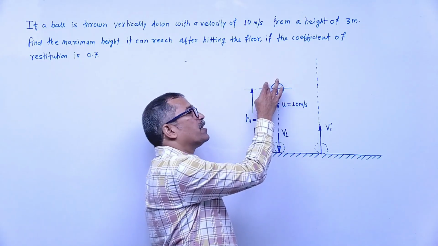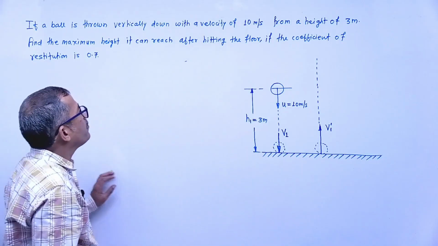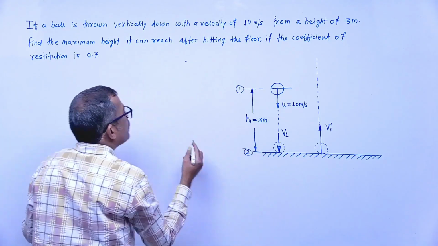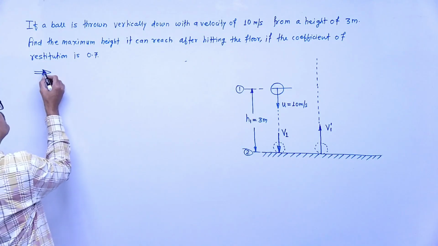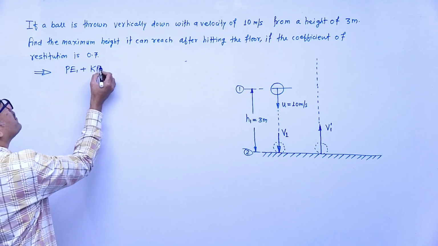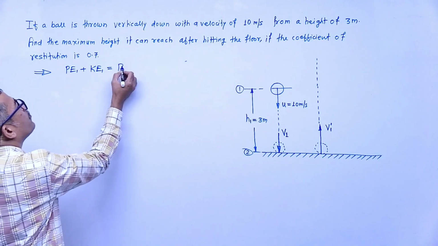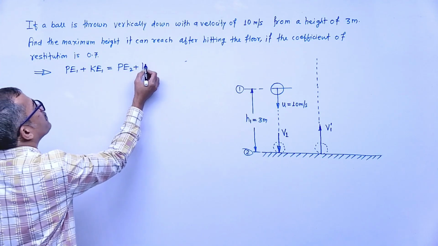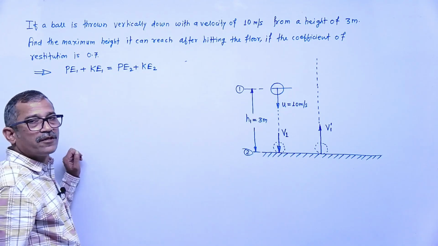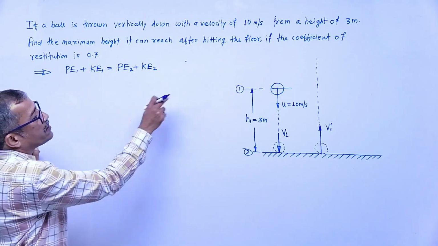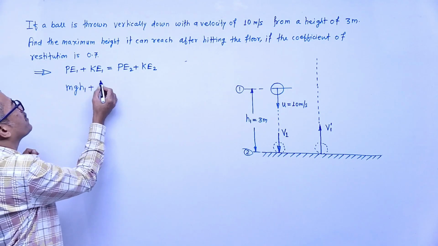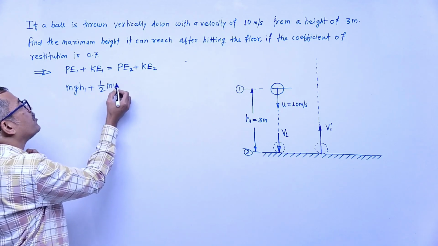Means here if we apply the law of conservation of energy, say this position is 1 and this position is 2. So at position 1, potential energy at position 1 plus kinetic energy at position 1 equals potential energy at position 2 plus kinetic energy at position 2. Okay, the addition of energy remains the same. Potential energy at position 1 is mgh1 plus kinetic energy half mu square.